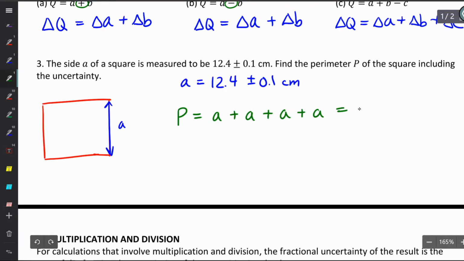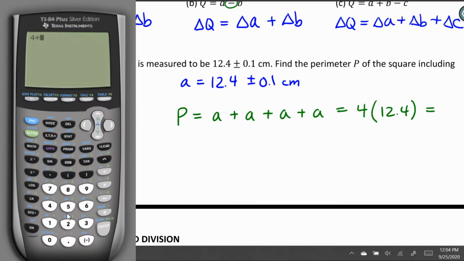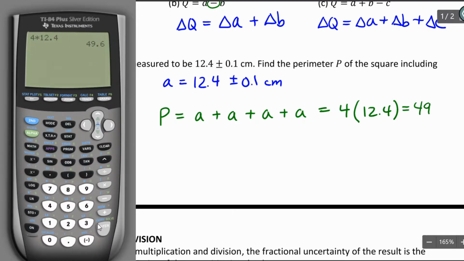This means the perimeter of the square is simply 4 times 12.4. And that's going to give us, let's grab our calculator, 4 times 12.4. So that's 49.6 centimeters. But what's the uncertainty in this calculated quantity?